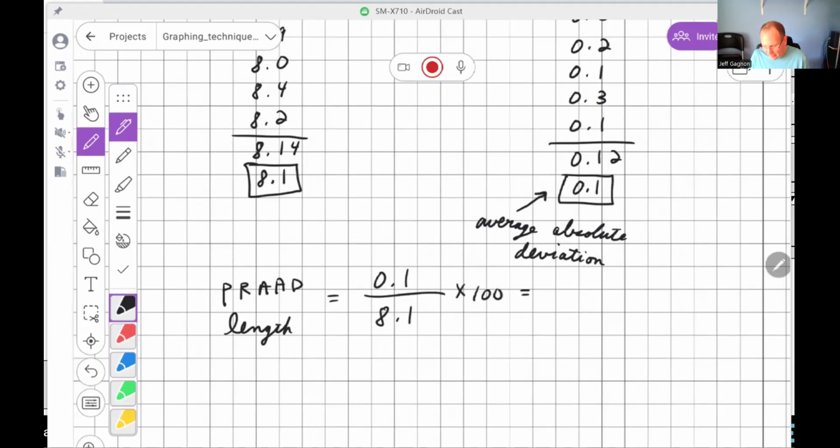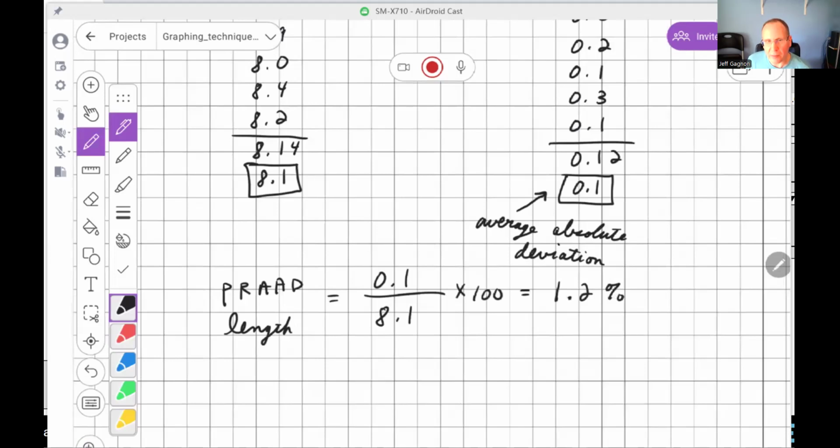So it's always the average absolute deviation divided by your average value, and then times 100 just makes that ratio a percentage. Let me check to make sure I'm getting the correct answer here. It should be like 1.2%. So that is my PRAAD for length.